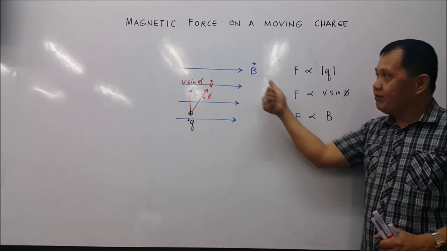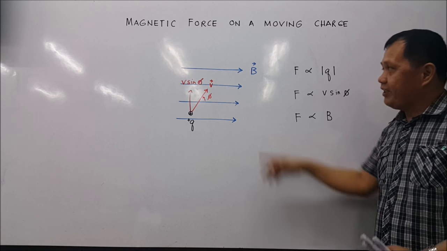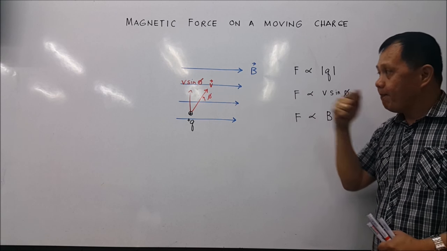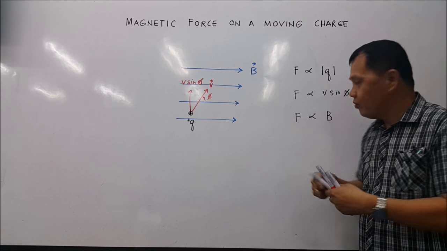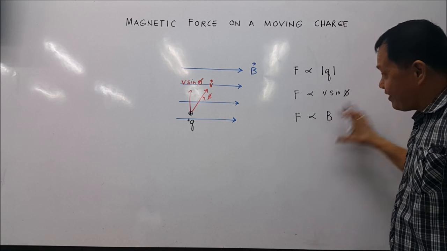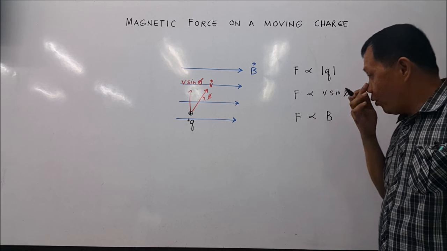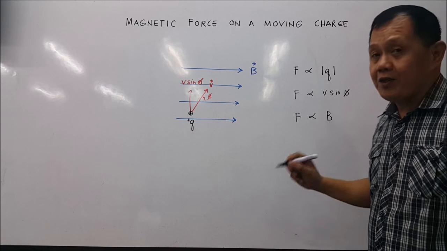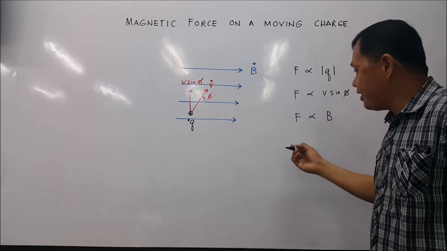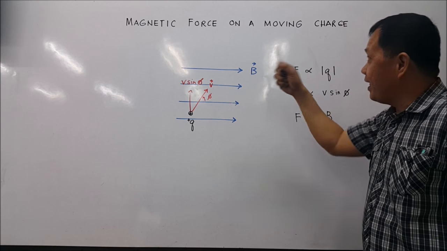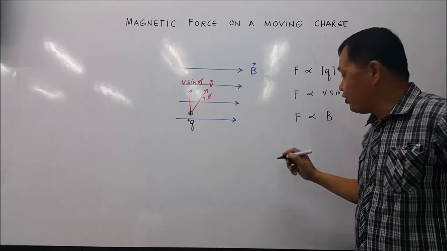So, the magnitude of the magnetic force exerted by the magnetic field B on this charge Q is given by these relationships. So, we can summarize them into an equation. This will be our first equation for magnetism: magnetic force on a moving charge.